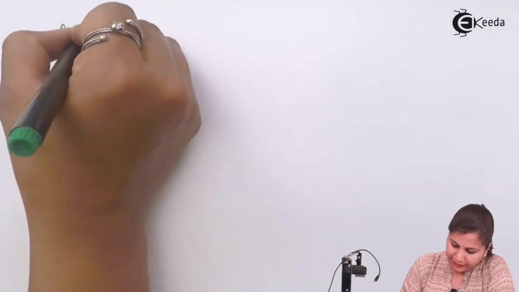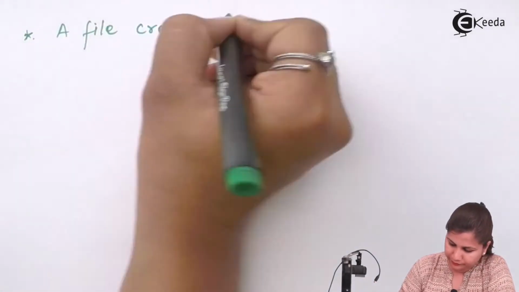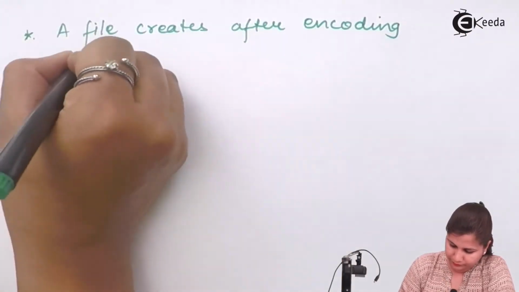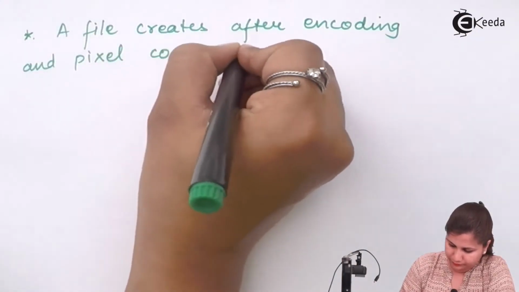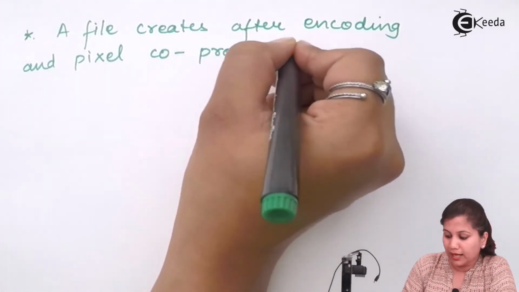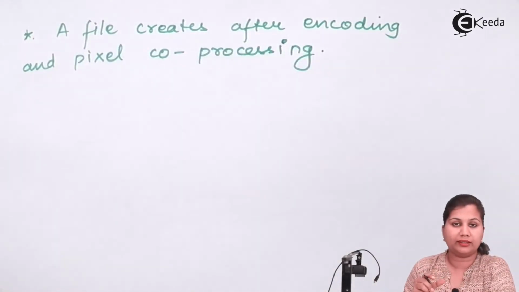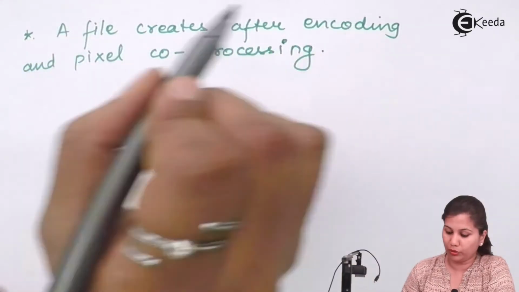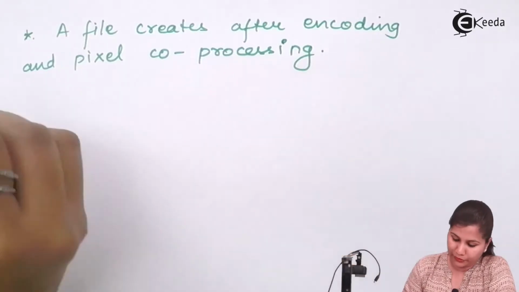Now, according to the information in that output byte stream, a file is created after the encoding and pixel co-processing.